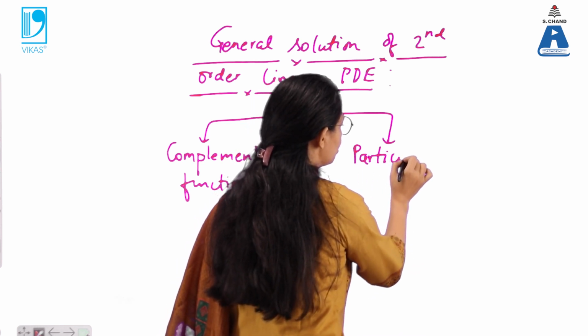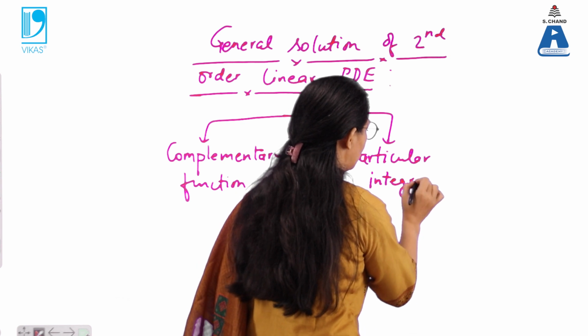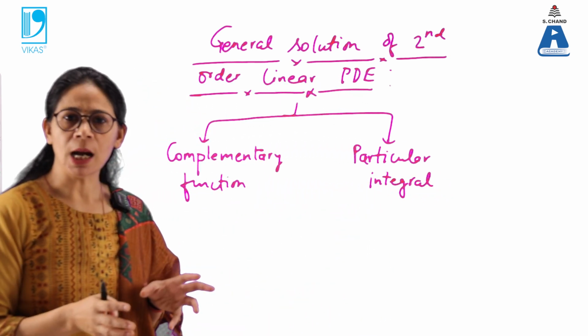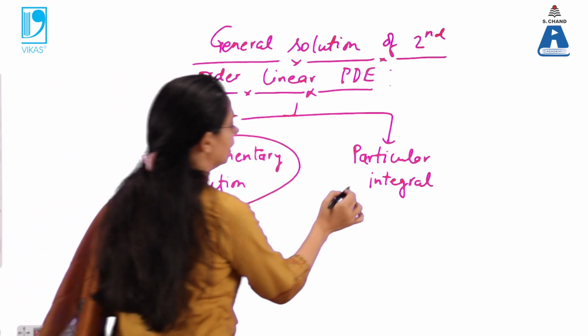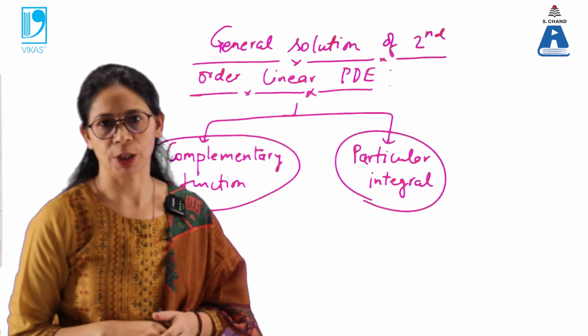And when a solution is written as a combination of these two, that is called the general solution. Since they both are parts of the solution, separately they also act as solutions of the given partial differential equation.